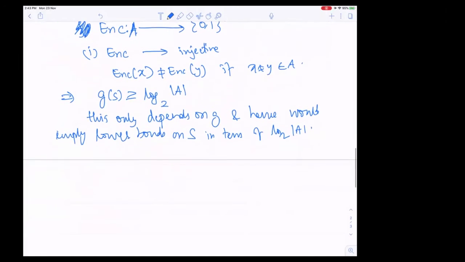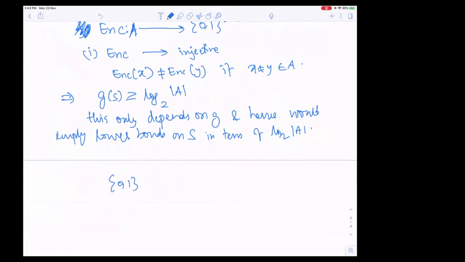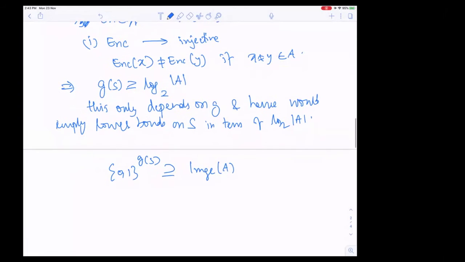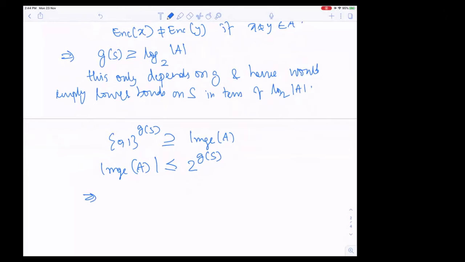Because look, what is the meaning of this? This basically means that {0,1}^g(s) contains the image of A, right? Now, since the images of A are distinct, it implies that the size of the image of A is less than or equal to 2^g(s).